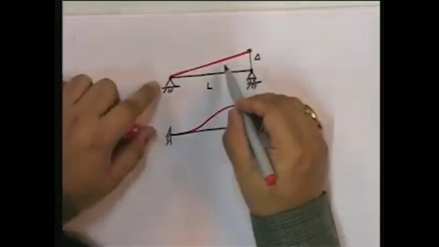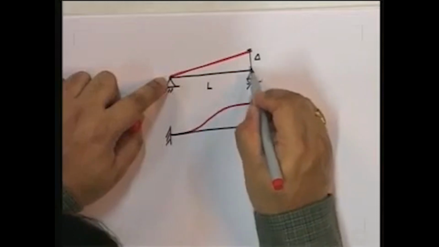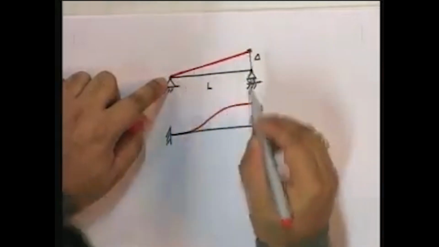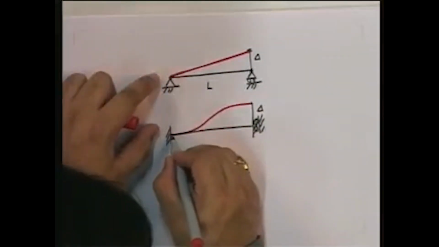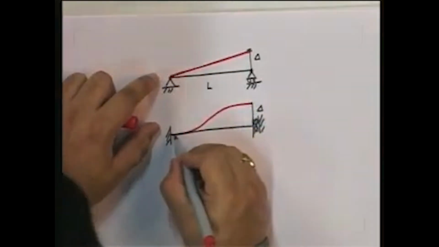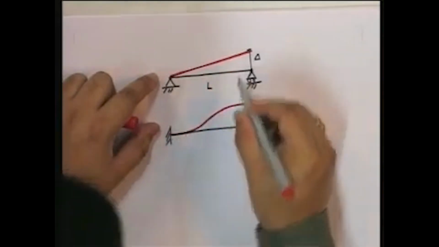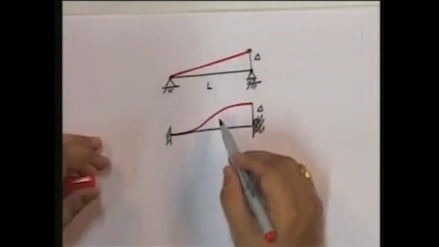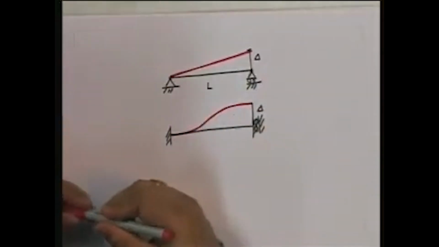Because they were simply supported and hinged, when I moved it by delta, I got a displacement pattern which was exactly like this, and here because they are both fixed, the rotation has to be 0 here and the rotation has to be 0 here, and this is the displacement. So you see this and this do not look like each other at all. Can I make this behave like this? Sure. Think about it.